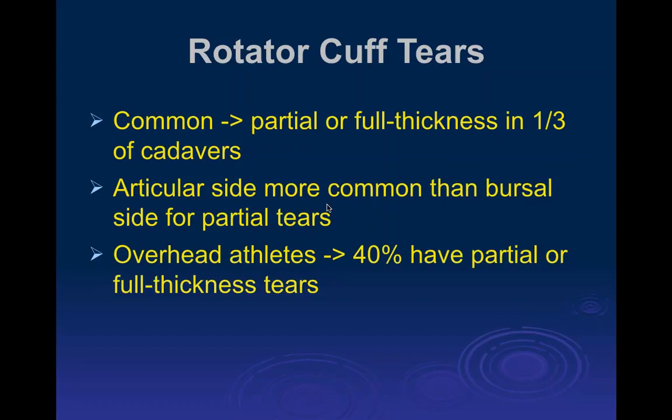John? Yes, John. What I was reading in Campbell's, they were talking about mid-substance being the main portion that's torn in degeneration. Yeah. So it's more like an interstitial tear as being the most common.